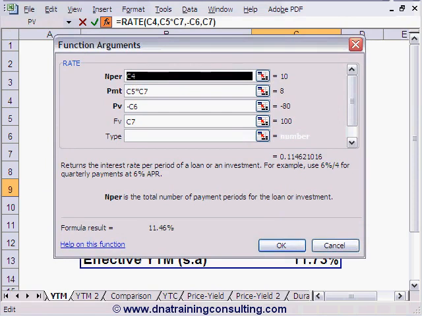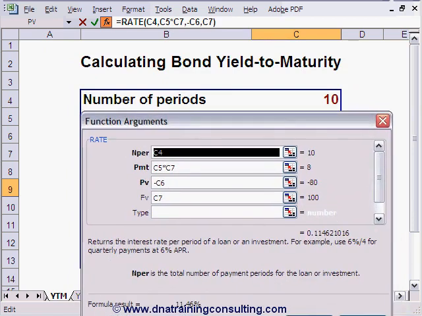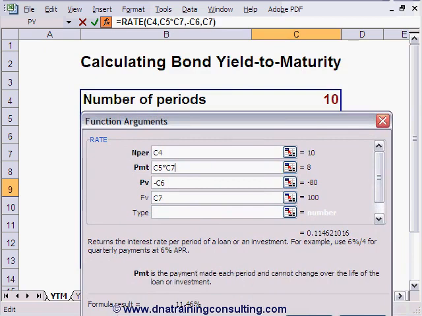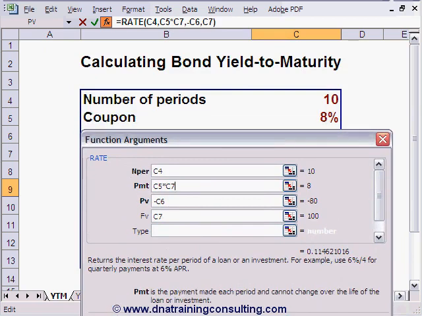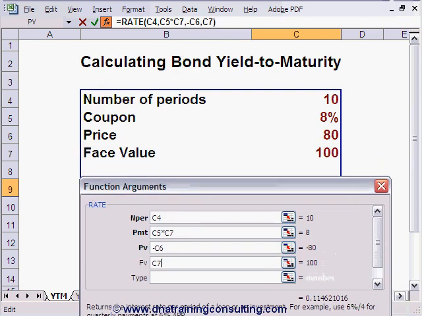And we can see that in filling in this dialog box, we have principally relied on cross-references, with the number of periods being cross-referenced to cell C4, the payment, i.e. the coupon at the end of each period, being cross-referenced to cell C5 multiplied by the face value appearing in cell C7, the price or present value, PV, being cross-referenced to cell C6, but with, very importantly, a minus sign, because that is the way Excel expects you to input the price for this particular function here. And finally, of course, the face value by cross-referencing cell C7.